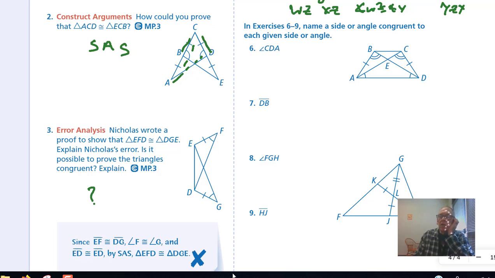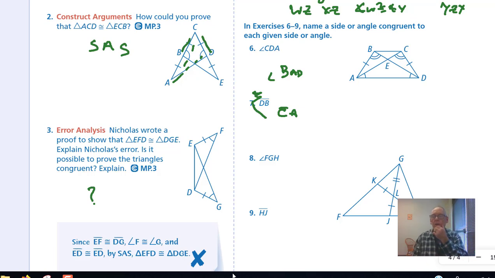So C to D to A matches up in a mirror image with B to A to D. This DB side matches up with CA. Okay, so I'm not sure what to do with this other.